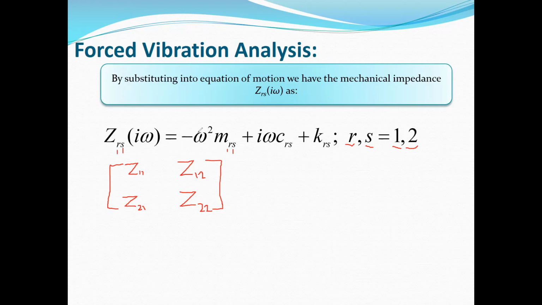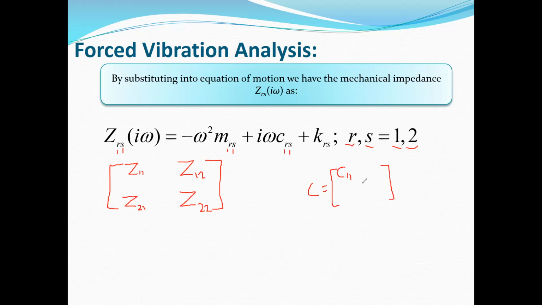So it will be minus omega squared multiplied by m11, plus i omega c11. If we assume that this is the matrix of C, c11 is this component.